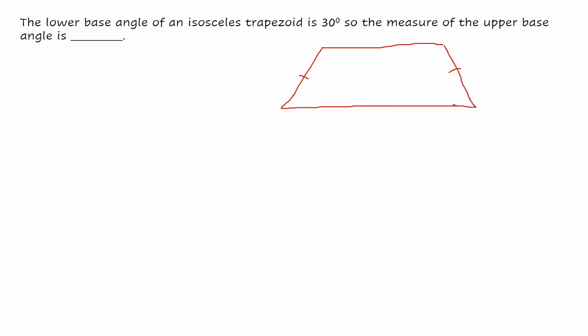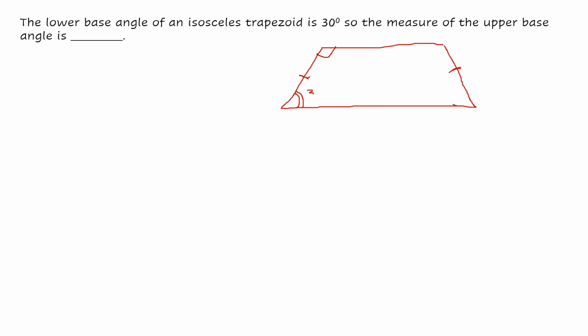So the left side here and the right side here are congruent. And also the adjacent angles of this isosceles trapezoid, first angle from the lower base and the second angle from the upper base, are supplementary. So when they are supplementary, the sum of these two angles is 180 degrees.